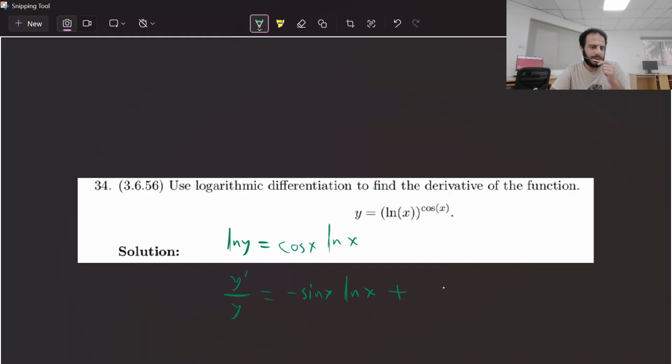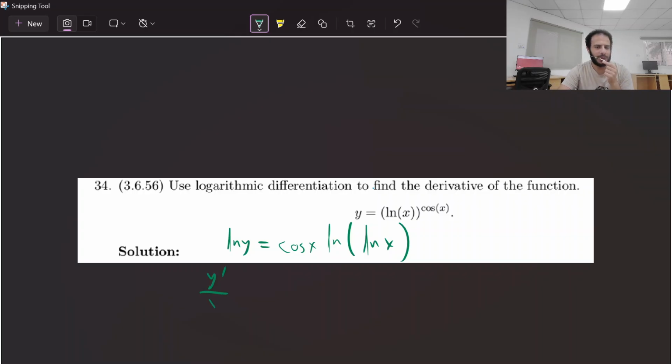Then plus. Isn't it ln twice? Ln of ln x? Ln into ln x, isn't it? Yes, you are right. Sorry, I made a mistake here. Because we already have ln, it's inside. So let's differentiate again.